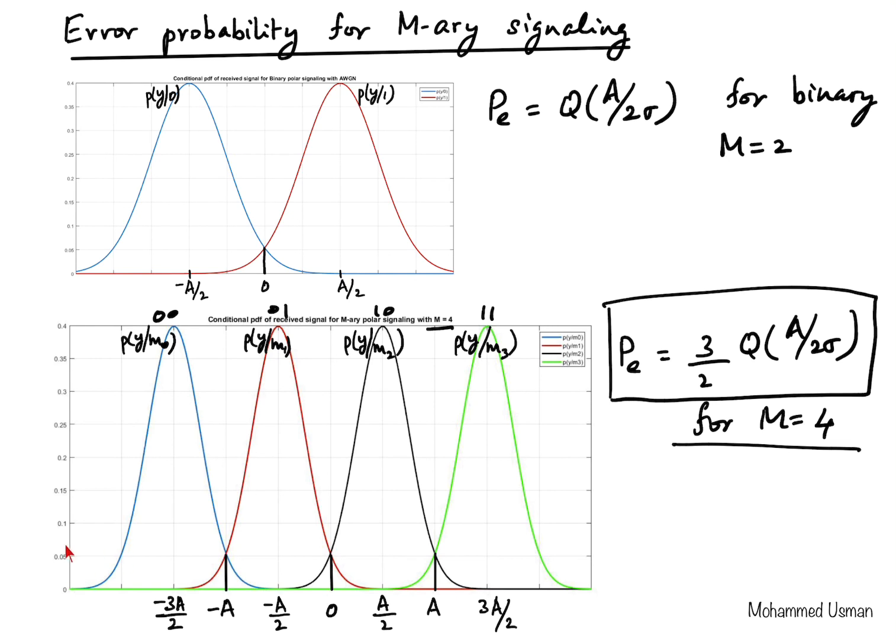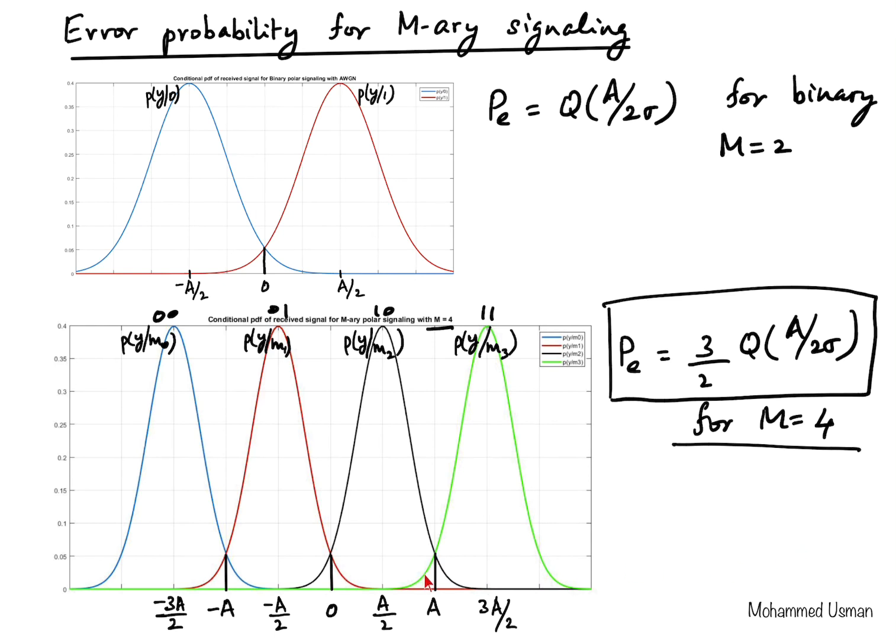It can go as far as it wants on the left hand side. Similarly, the rightmost symbol has only one boundary on its left side, and on the right side it has an open space where it can go as far as it wants without having an error.